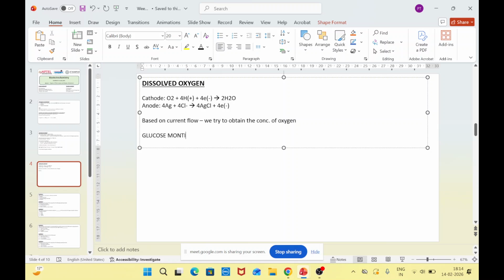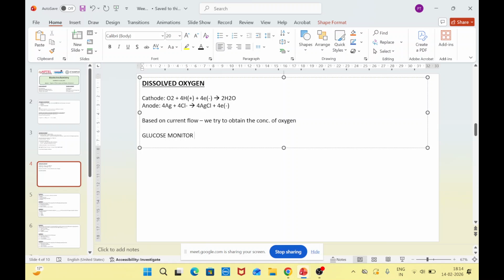A very common glucose monitor, which is usually used to measure the glucose content in human blood. The basic fundamental remains very old, and significant improvements in these glucose monitoring devices are being carried out.